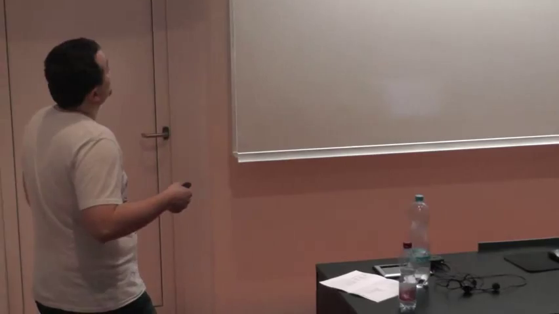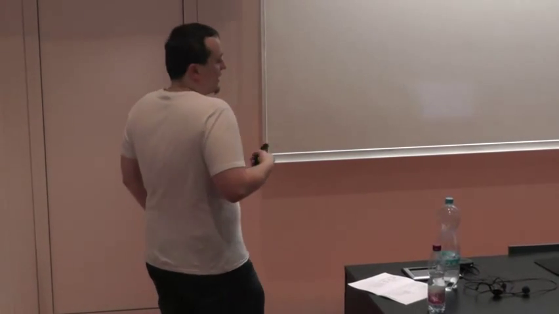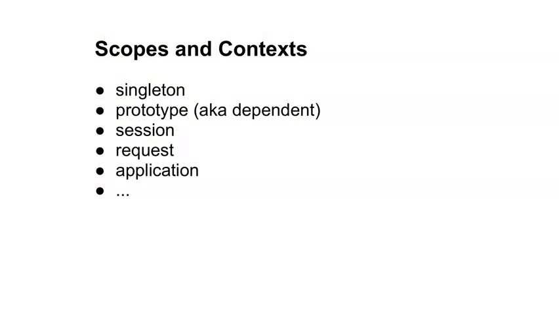And CDI is contexts and dependency injection. So what are contexts? Contexts are basically life cycles of the beans. The typical ones that are also used in Spring are singleton and prototype. Singleton, everybody has singleton, right?